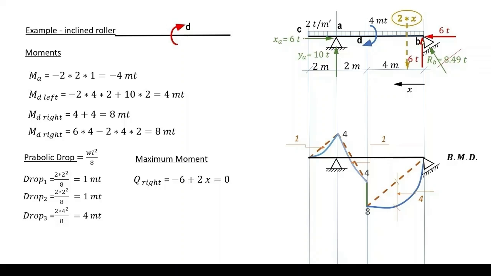The 6 tons heading upwards will have a negative sign, and the 2 by X heading downwards will have a positive sign.